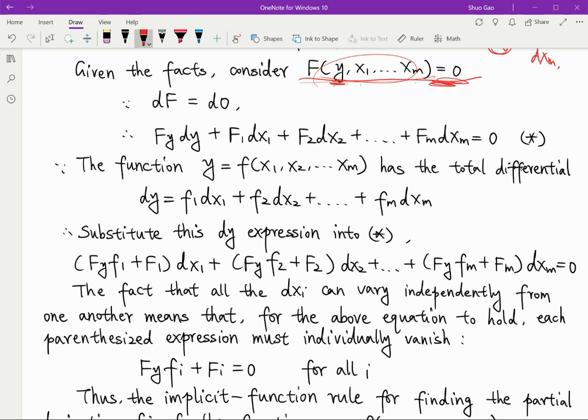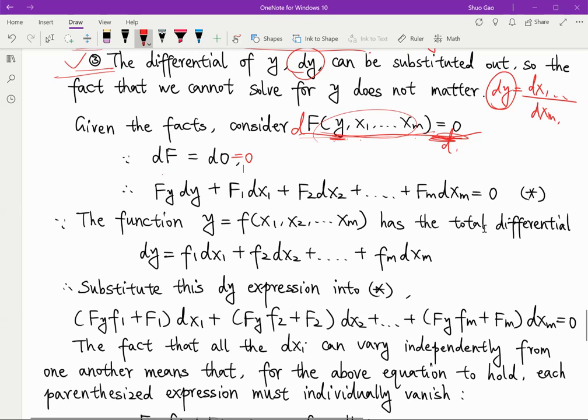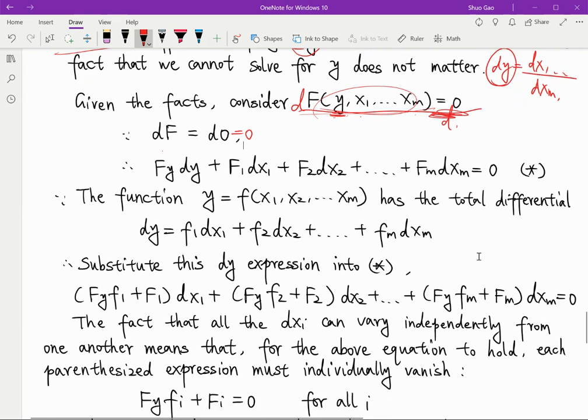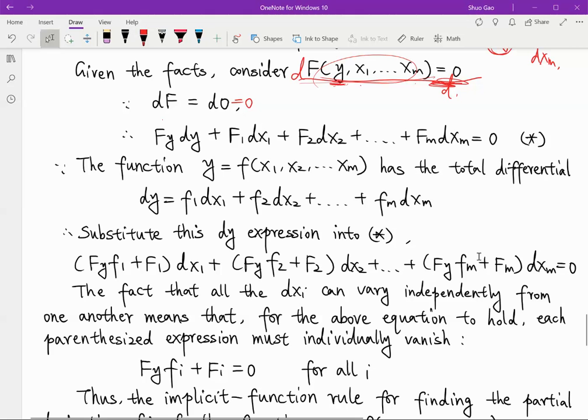So the differential, dF, equals d0. We just take the differential of the left-hand side and the right-hand side. So dF equals d0, which is 0.